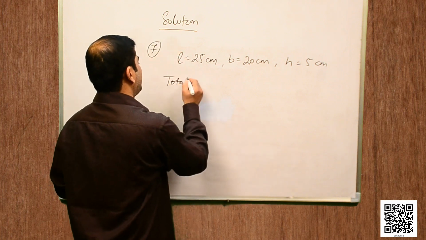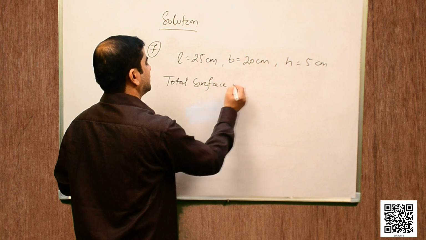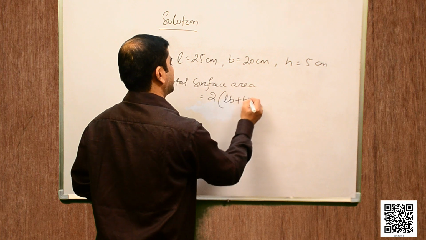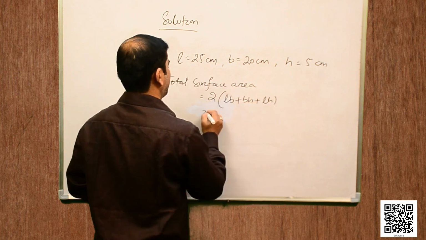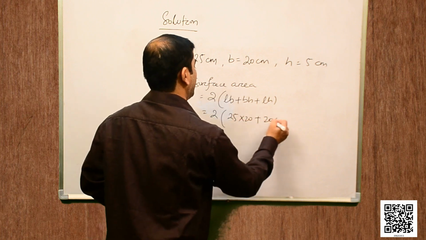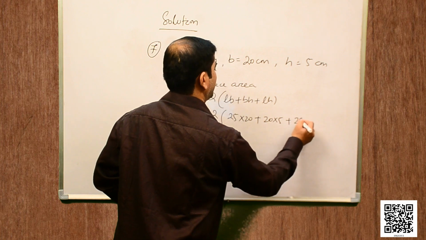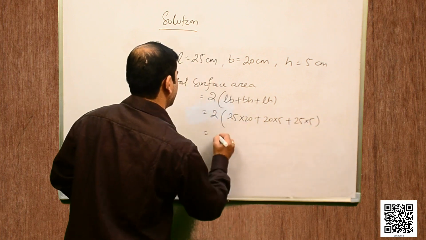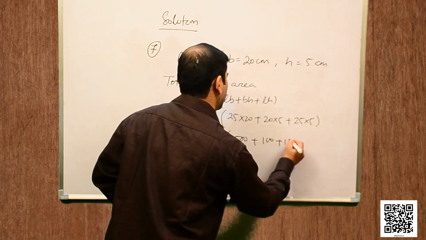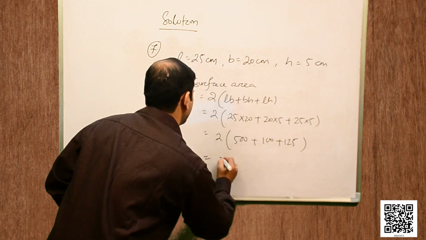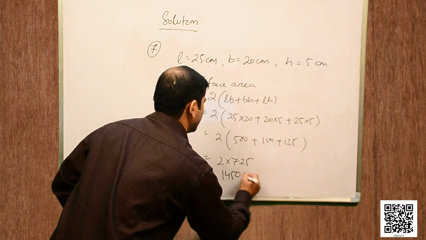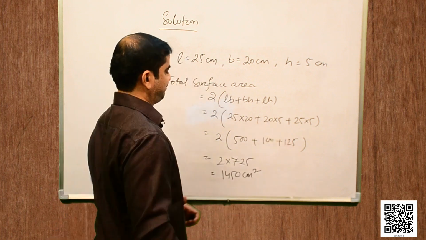So, total surface area is equal to 2 into LB plus BH plus LH, that is 2 into 25 into 20 plus 20 into 5 plus 25 into 5, that is 2 into 500 plus 100 plus 125, that is 2 into 725 or it is 1450 centimeter square.